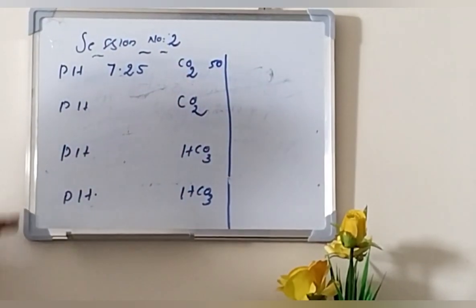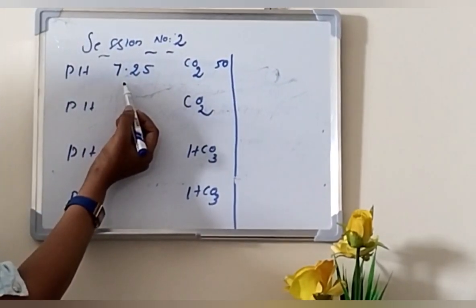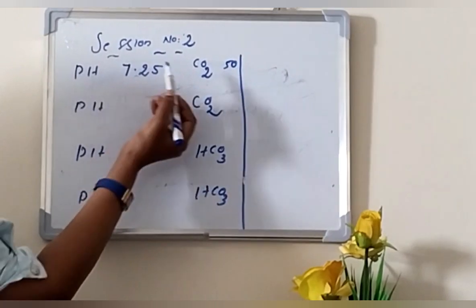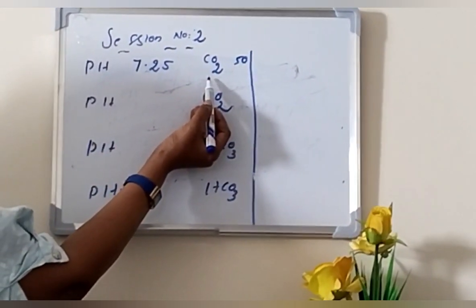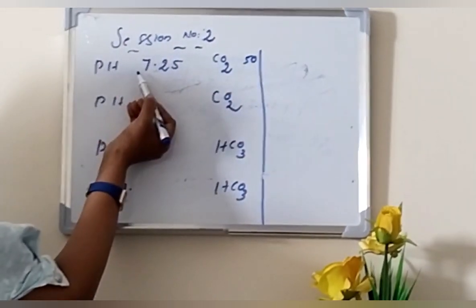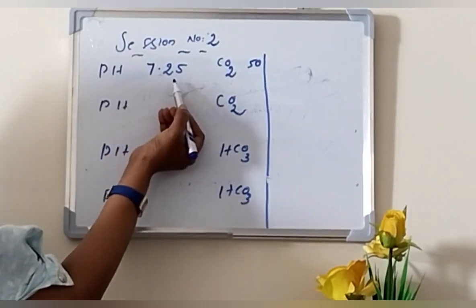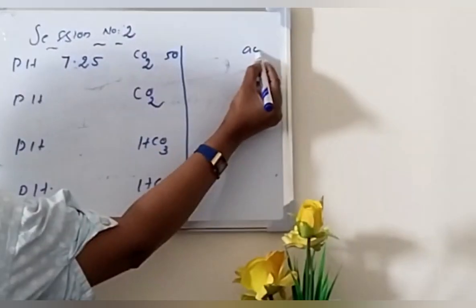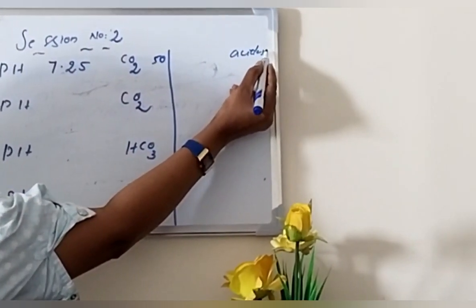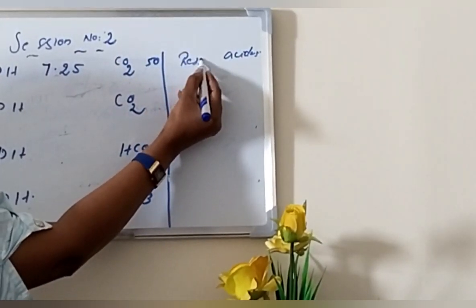What does it mean? pH is going down, that means the blood is acidotic. CO2 goes high, and CO2 is related to respiratory. pH low means the medium is acidotic. CO2 going high, it is respiratory acidosis.